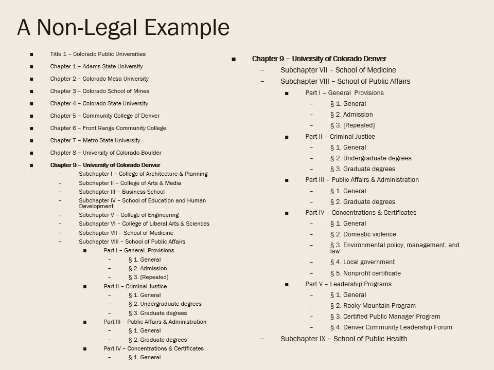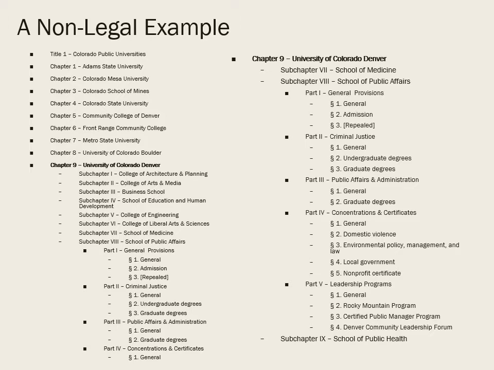Then SPA is broken down into parts. You'll see that part 1 is general provisions. That might be the structure of the School of Public Affairs and the admission process. The remaining parts divide it up into chunks such as the Criminal Justice Program, the Public Affairs Public Administration Program, concentrations and certificates, and leadership programs.